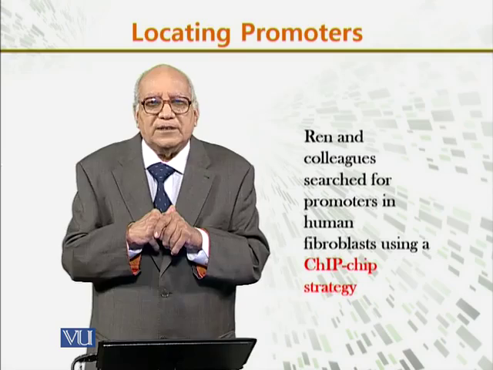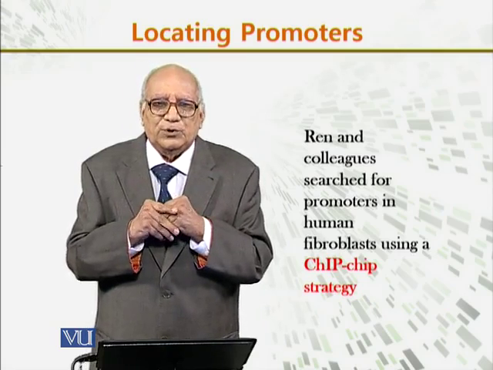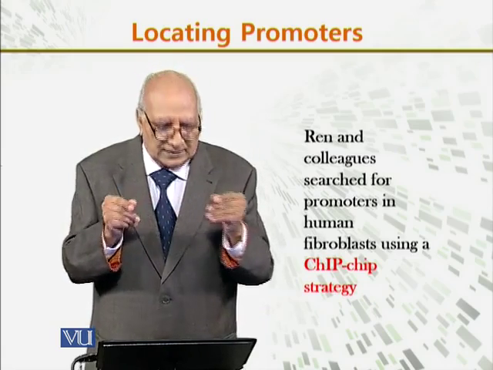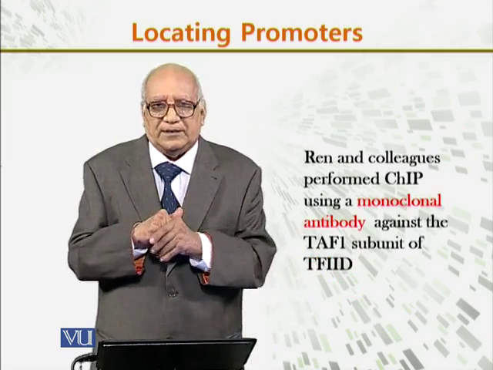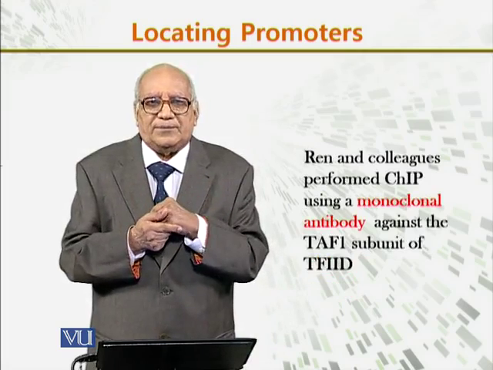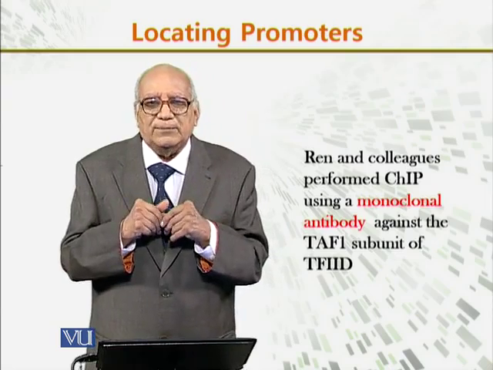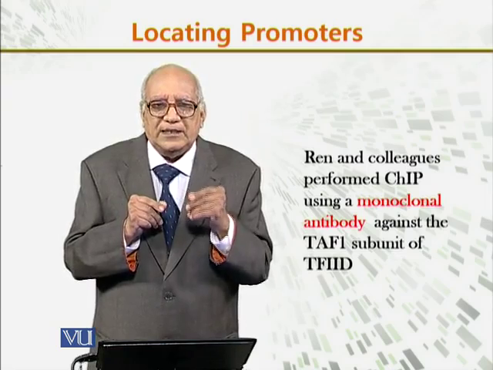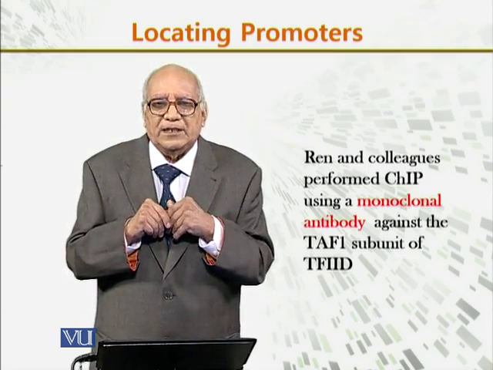So they searched for the promoters in human fibroblasts using a ChIP strategy. That was the strategy which we have already studied. These scientists performed ChIP using a monoclonal antibody against the TAF1 subunit of TFIID.